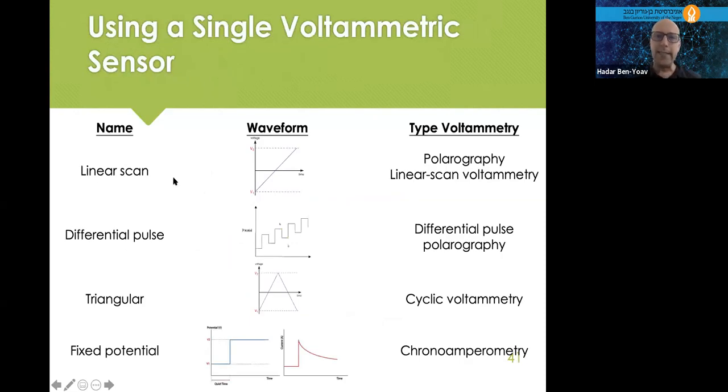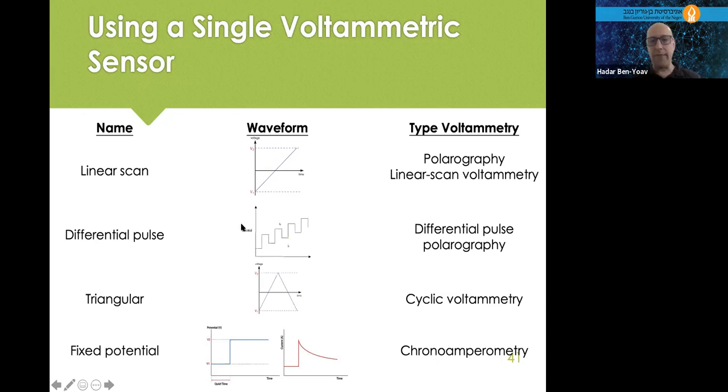Now, when we look at the input data, we can think about the way that we measure the signal, because the way we measure the signal also contributes to the variability.